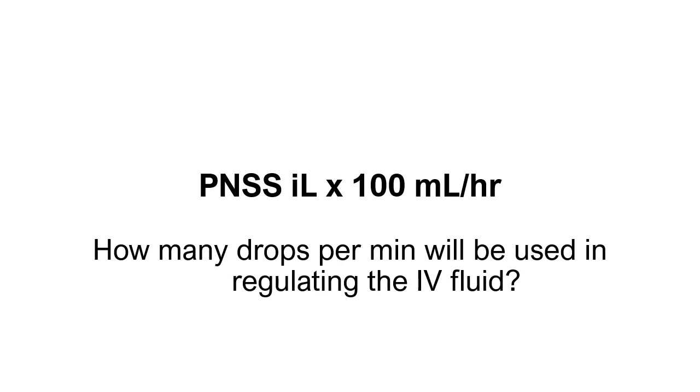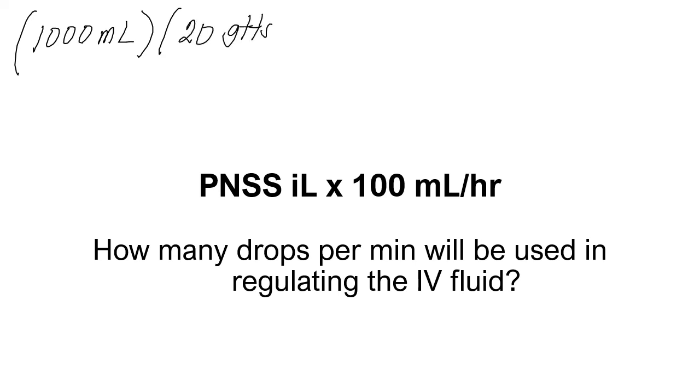Now, go back to the formula. What's the total amount of fluid that needs to be administered? That would be your 1 liter. So 1 liter is equivalent to 1,000 ml. So you would write 1,000 ml times the drop factor, and the drop factor this time is 20 drops per ml.